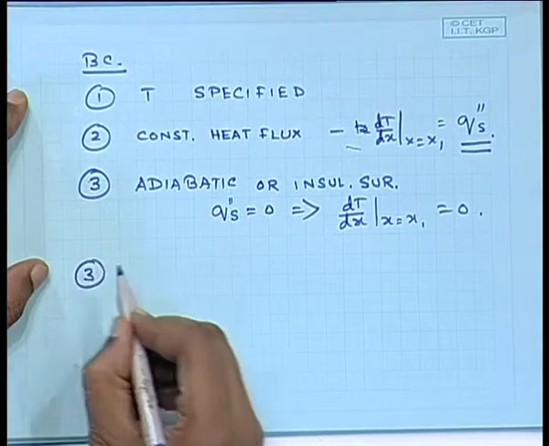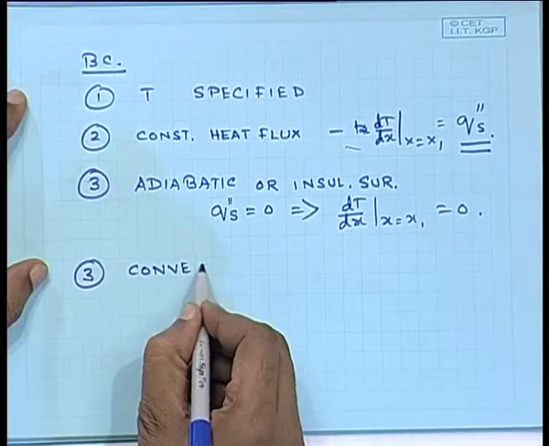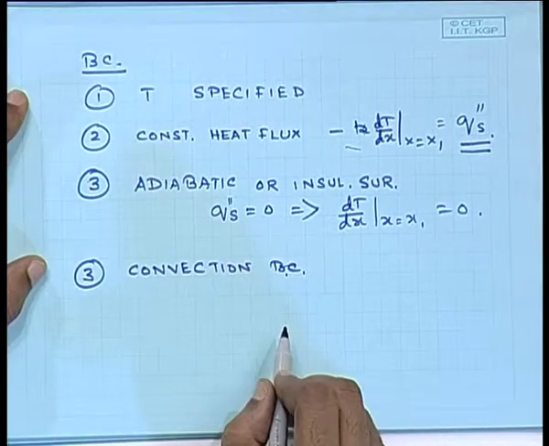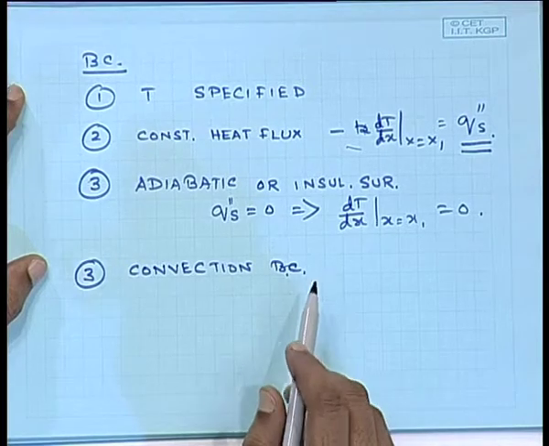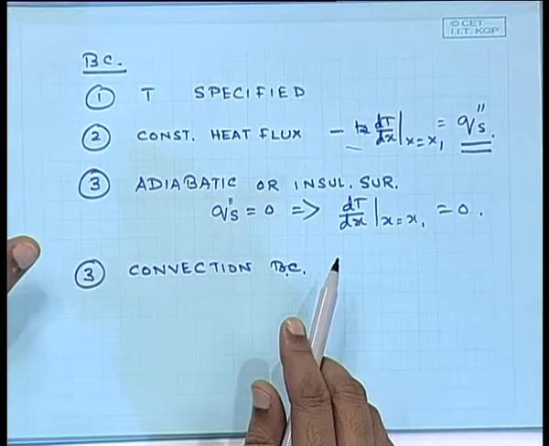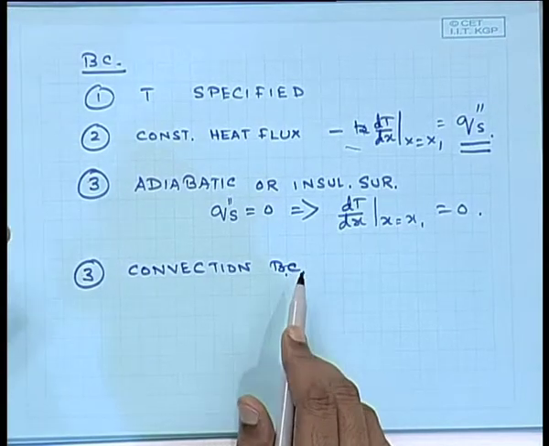And the next one is known as the convection boundary condition. That means whatever heat is coming to one surface by a conduction process is being taken up by a convection process at the boundary. If you have a solid wall generating some amount of heat and exposed to an air stream, at steady state the amount of conductive heat coming to the surface must be equal to the convective heat transfer from its side.